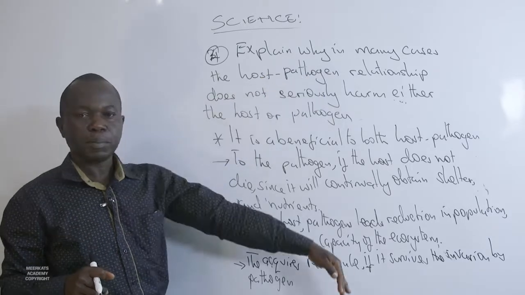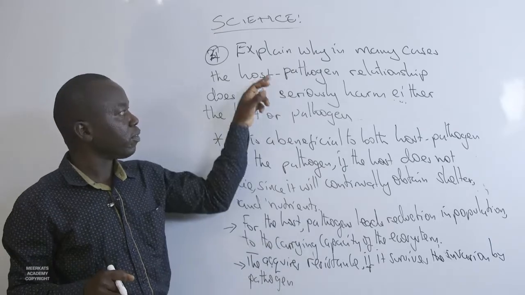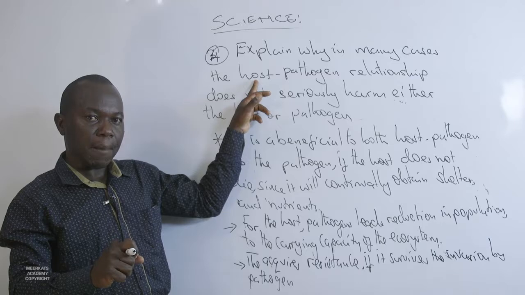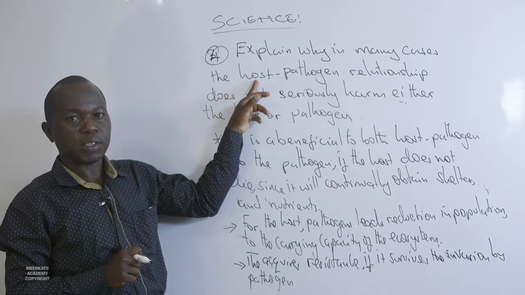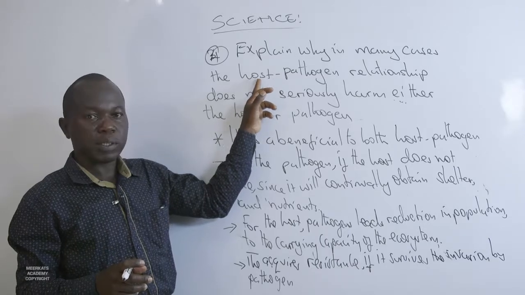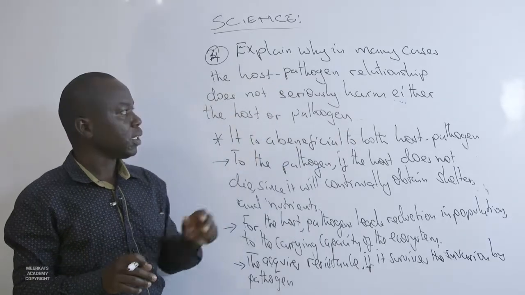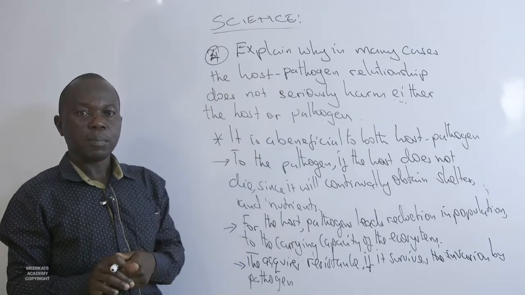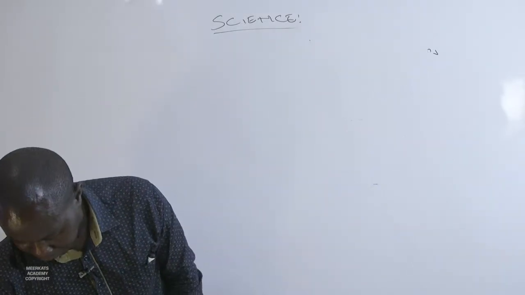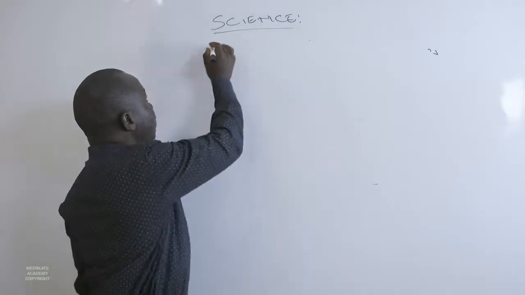They are decreasing the population of the host too much, therefore fewer of the same. So it has reduced the abundance of the hosts. And then with time, the host will tend to avoid such areas where we have a lot of pathogens. Then question 5, complete the table.